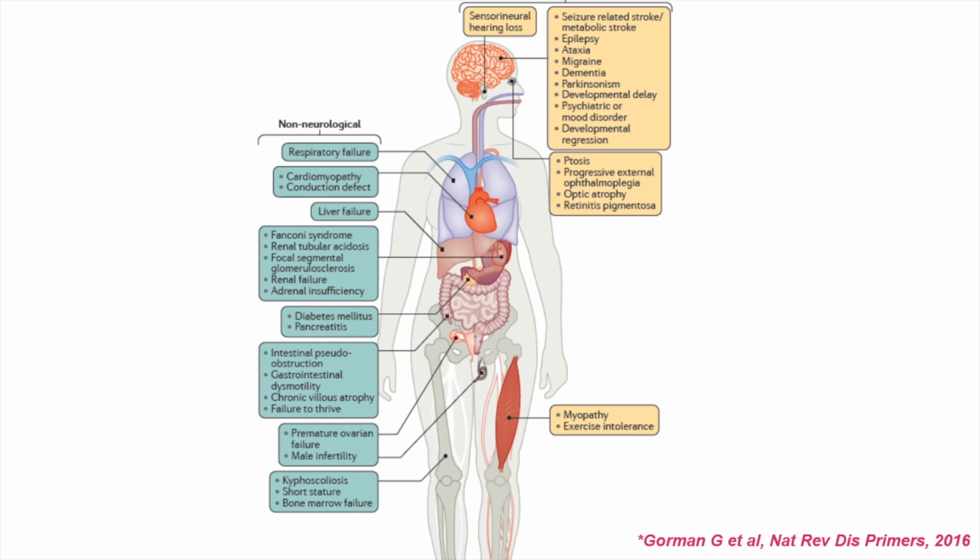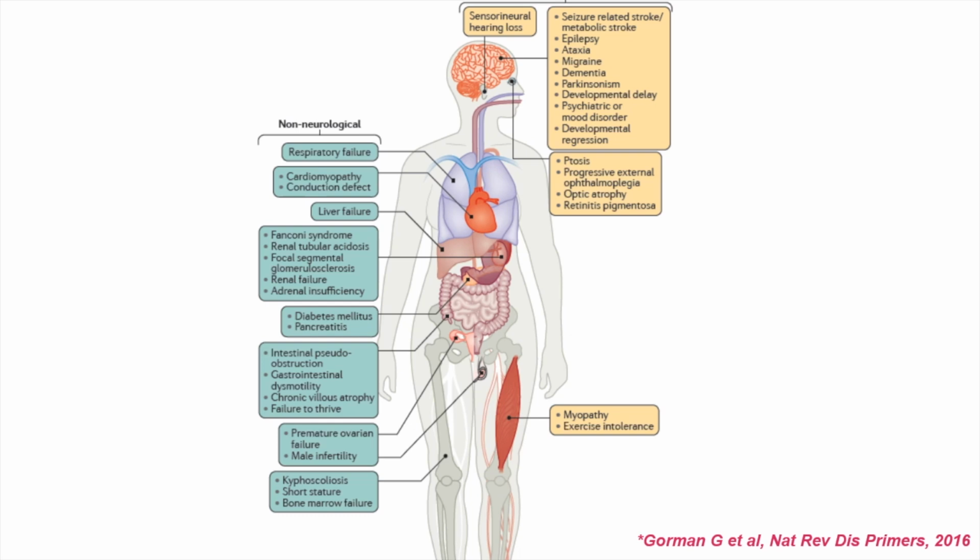And so if you had a primary mitochondrial disease and you weren't making enough energy, the brain is one of the first places that we're going to look for these symptoms. So you can have headaches, seizures, ataxia, migraines, dementia or cognitive changes, Parkinsonism, developmental delay, developmental regression, psychiatric issues or mood disorder. All of those things are possible.